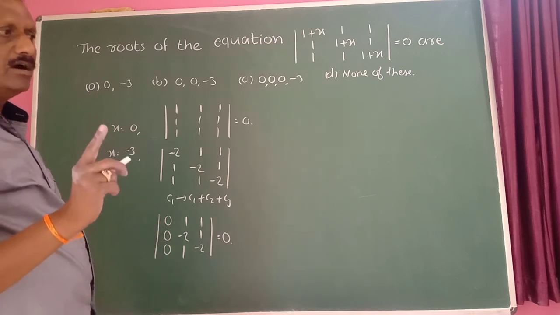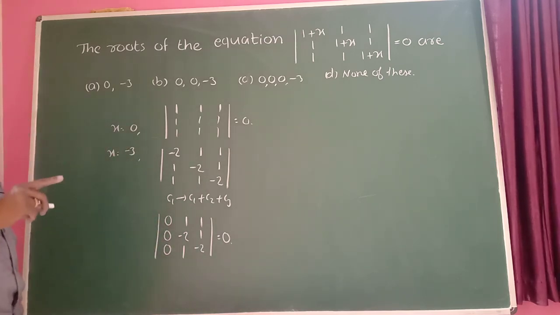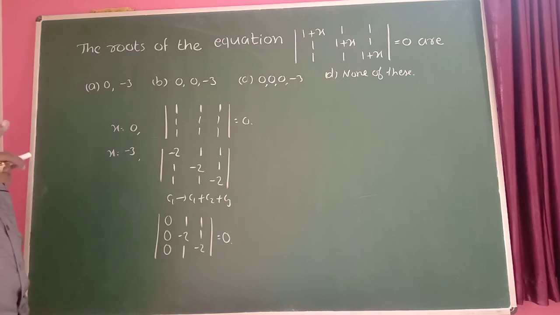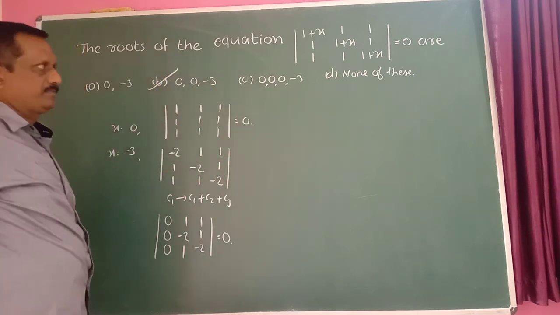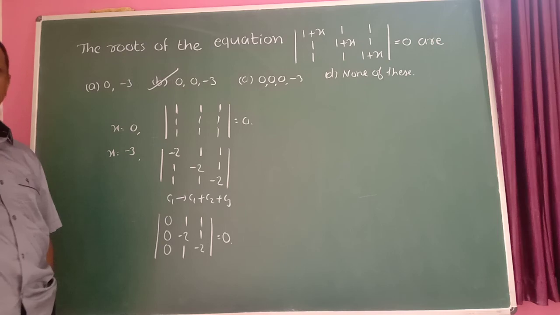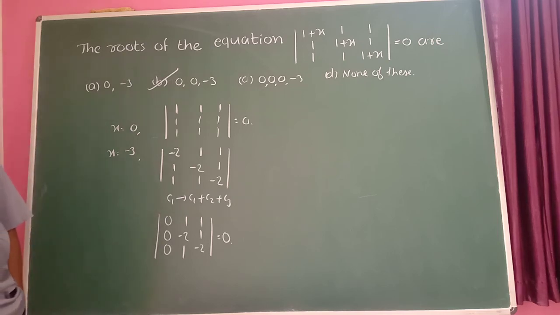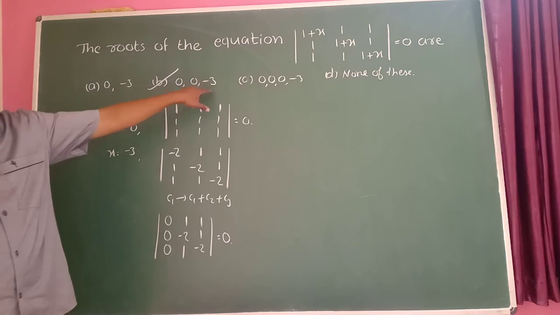If it is a third order determinant, then it gives a cubic equation, and it gives 3 values here, 3 roots. Yes, B is the correct option here, because it is a third order determinant. If we expand it here, it gives a cubic equation, and you know every cubic equation has 3 roots here. Yes, 0, 0, minus 3 is the answer here.